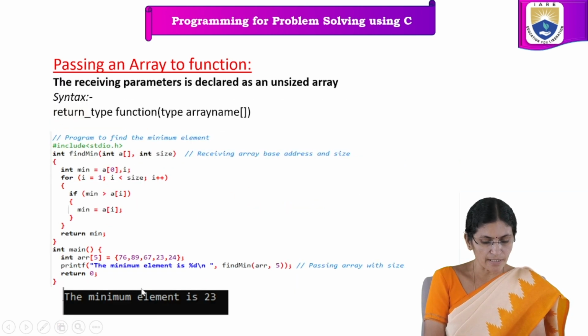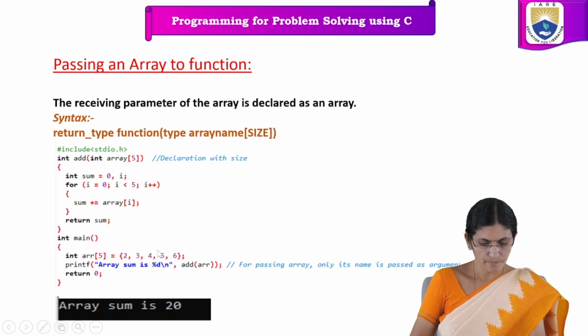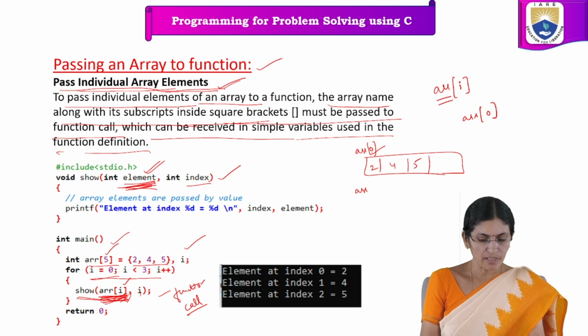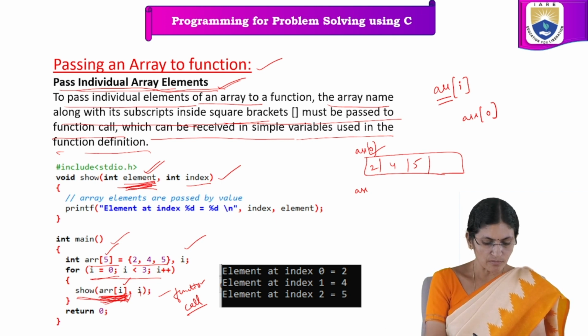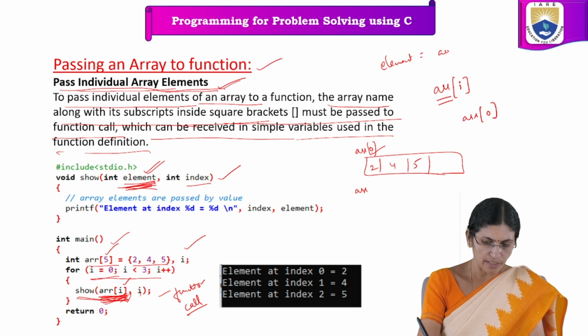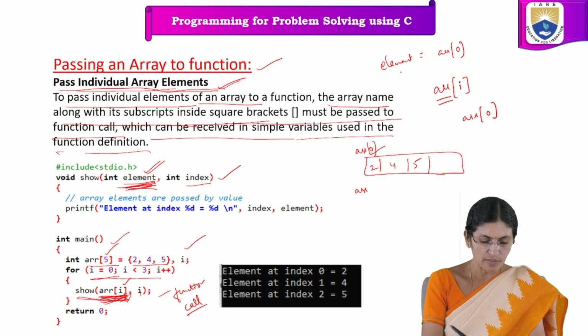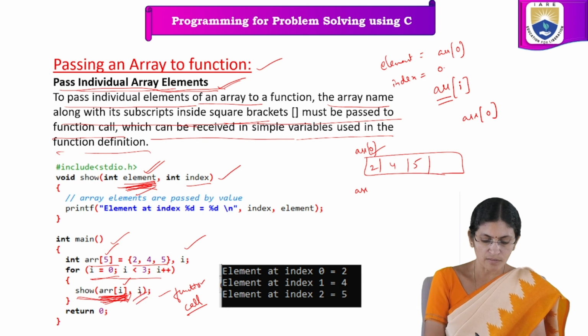So ARR of 0 is received by element, and I is received by the integer variable index, so index is equal to 0 here. This value is copied to the variable index.